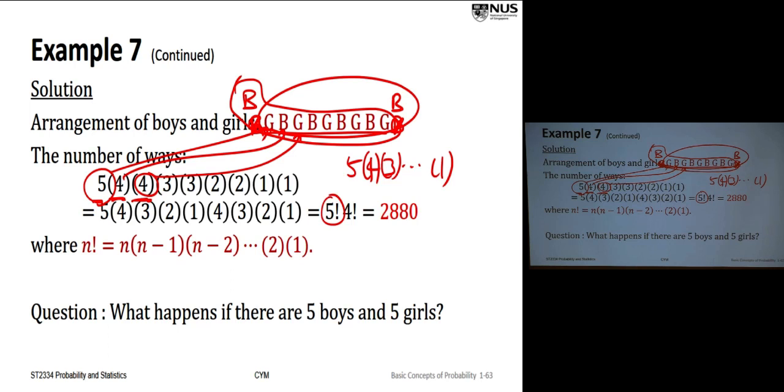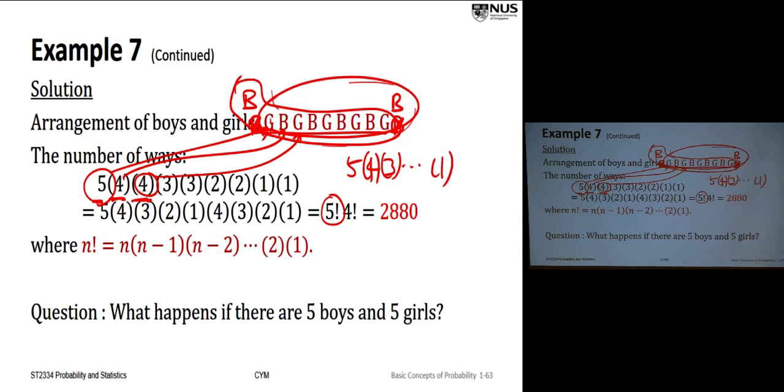Obviously, in this arrangement a girl starts from the left, while in this arrangement, the boy starts from the left. So there are two arrangements. So you have to figure out how many ways you can assign the boys and girls in each of these two arrangements. All right?